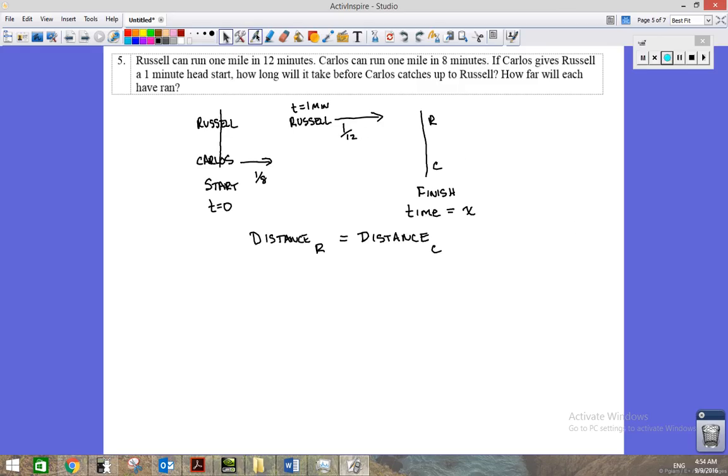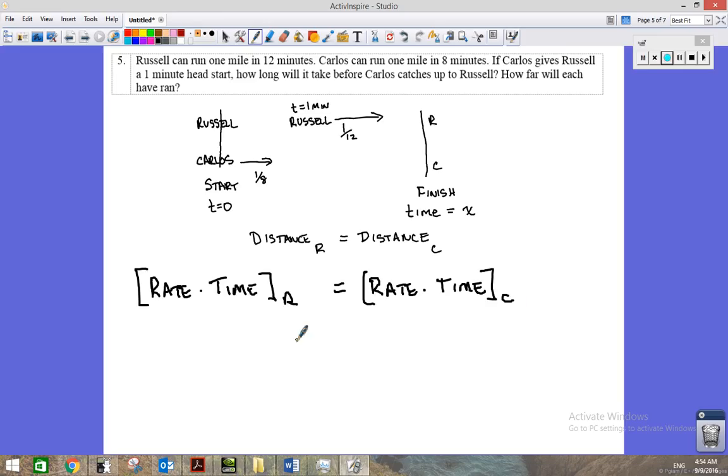All right, so we've got distance is equal to rate times time. So we want to see what information about rate and time we can find for Russell, and the rate and the time for Carlos.